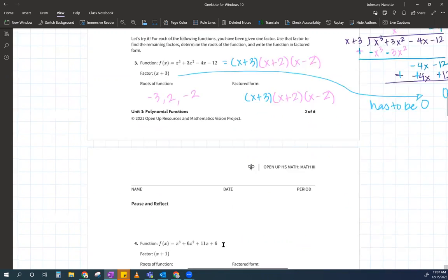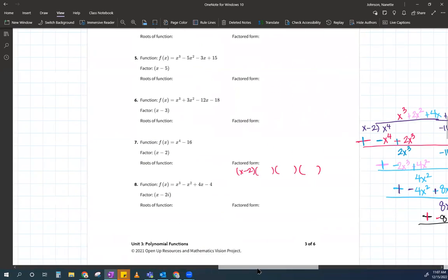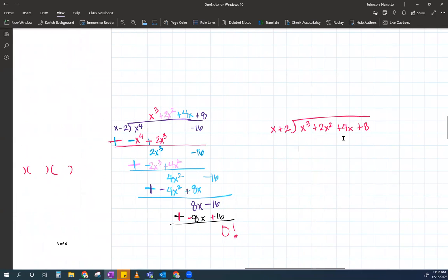Woohoo! Okay, so if you are looking at this problem that we're doing right here, and we're trying to factor x cubed plus 2x squared plus 4x plus 8, right? You want me to factor all this, right? If someone said the number 3, do you see how I would be like, okay, so where did you get the 3 from?